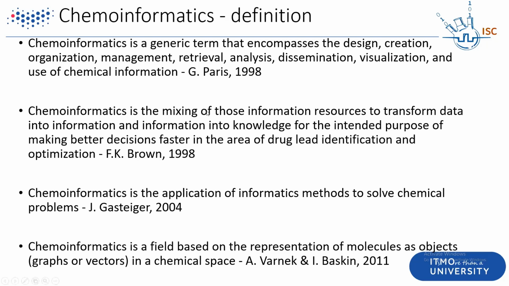As you can see, the second definition characterizes chemoinformatics as the area closely related to computational pharmacology, where you have the drug lead identification, some kind of a hit molecule, which can and should be optimized in order to be successful in a rational drug design.